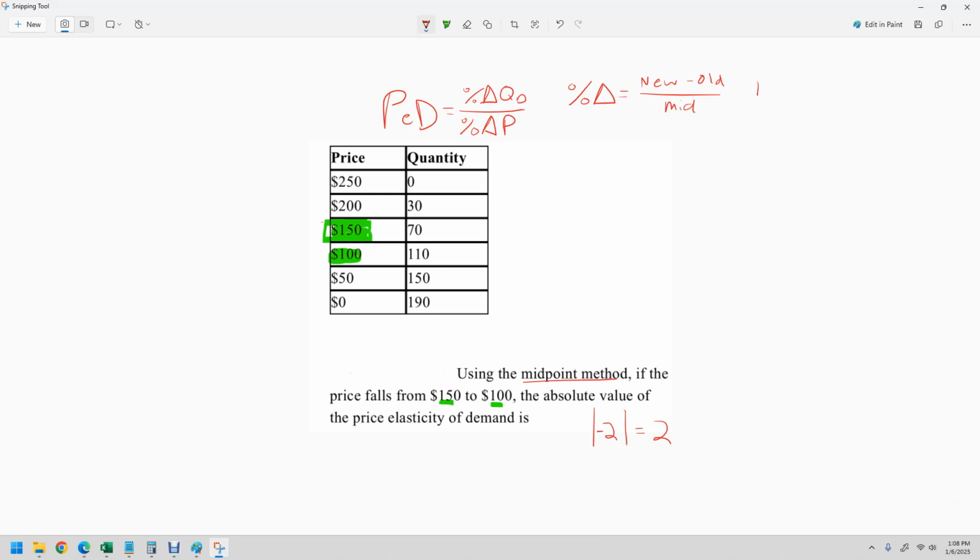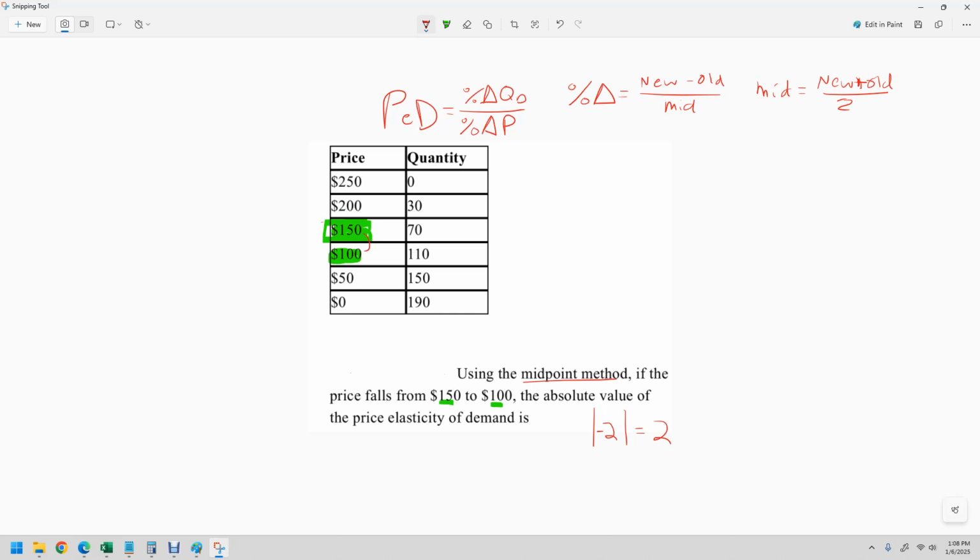So if you want to be really formulaic about it, the midpoint is going to be new value plus old value. Just add them both together and then divide by 2. But usually you can just eyeball the number and say what the midpoint is.